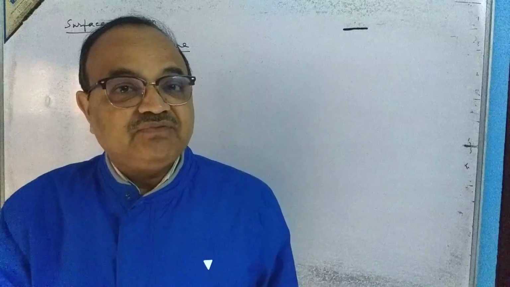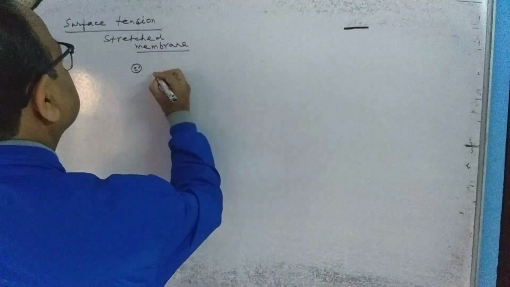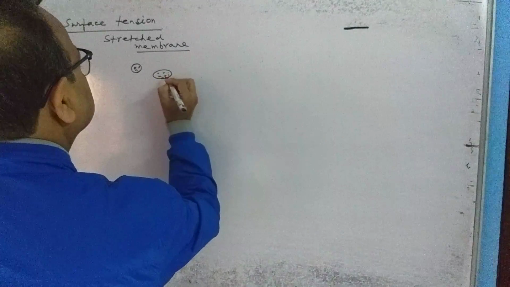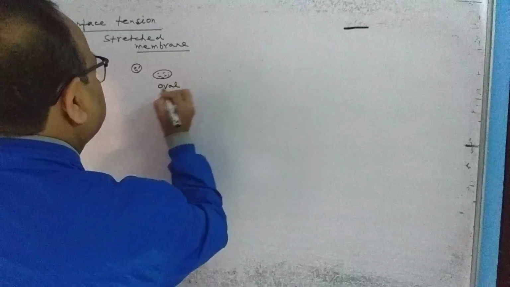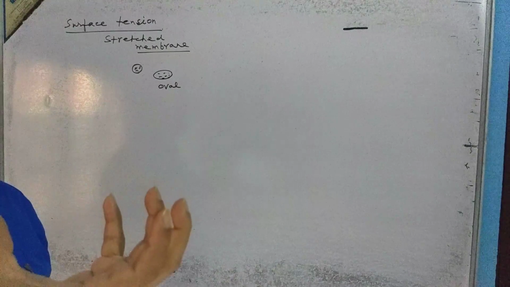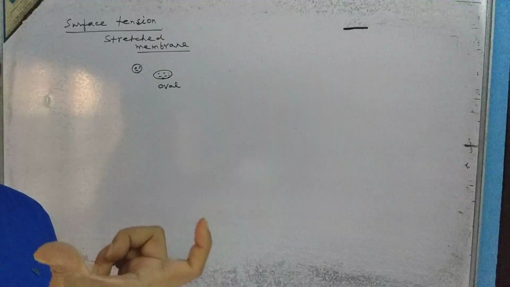But if a large drop is there, it will be somehow like this. It is the oval shape. Why? Because in this case, its weight will be dominating over the surface tension. Due to the weight, there is a flattening in it.